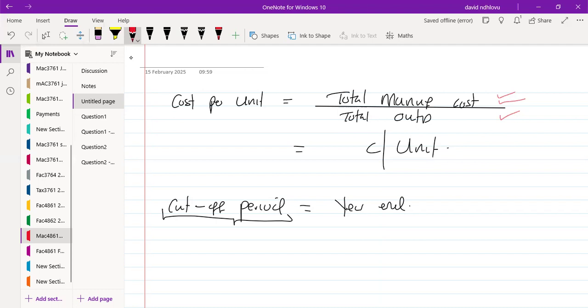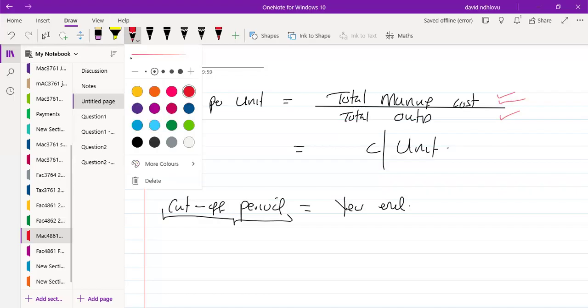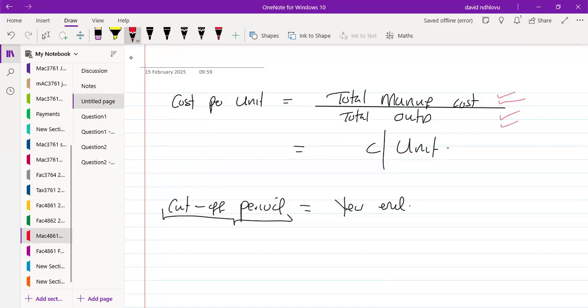They finish whatever is sitting on the factory floor, finish up the work in progress and convert it into finished goods. So by the time you say cutoff, you no longer have units being produced on the production floor. Everything that was on the production floor was converted into finished goods. So you are now able to determine the total number of units produced in the year, and you can compute that calculation.